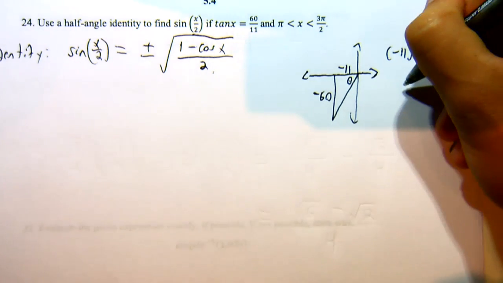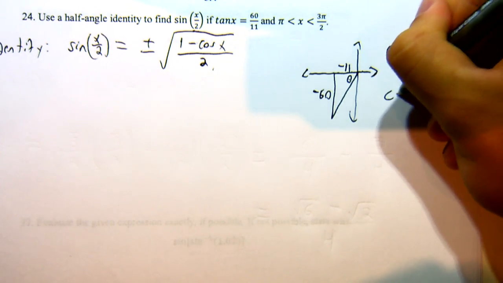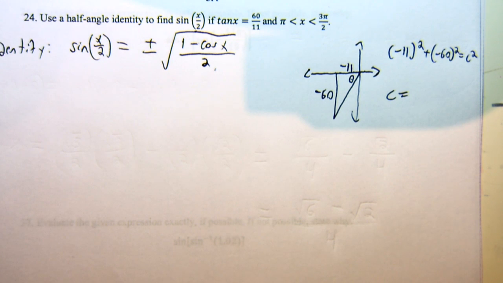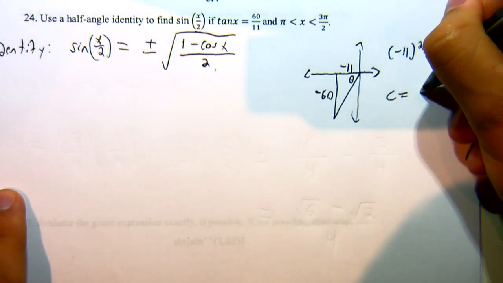And then I'm just going to skip ahead to what c was. So c is equal to 61.